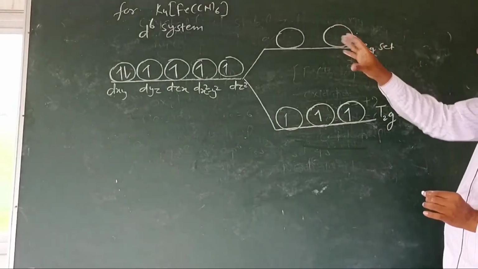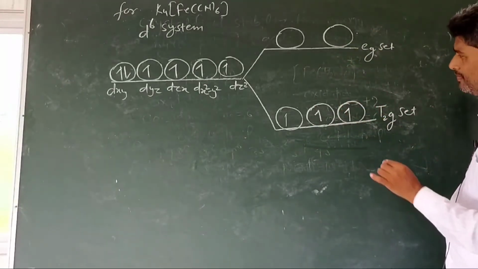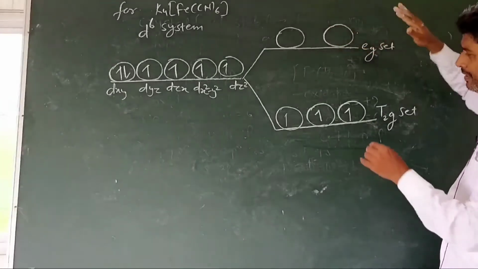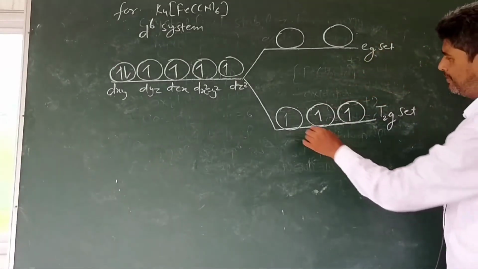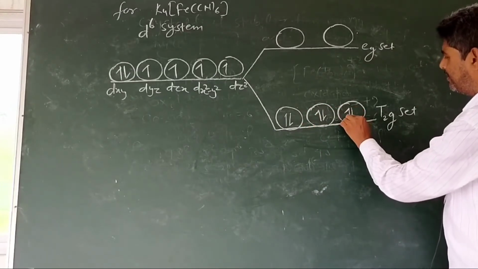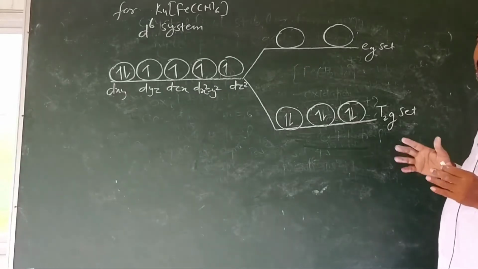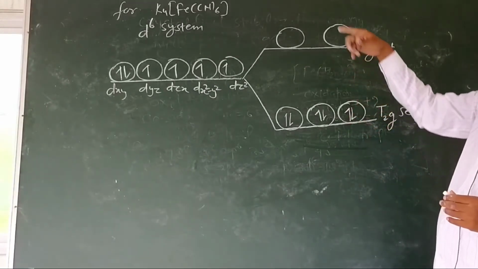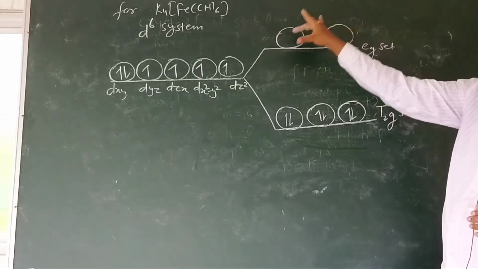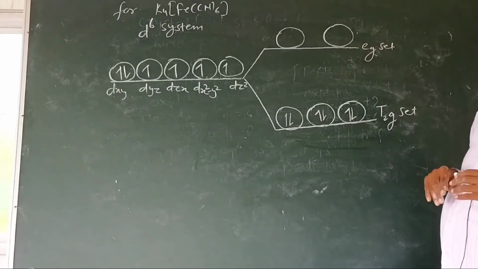Our ligand is strong, hence pairing will start further. No electron will enter the upper energy level, the EG set. Pairing will take place: 4th, 5th, 6th. Now we have no more electrons, hence no electron will enter the EG set. So the EG set will remain vacant.